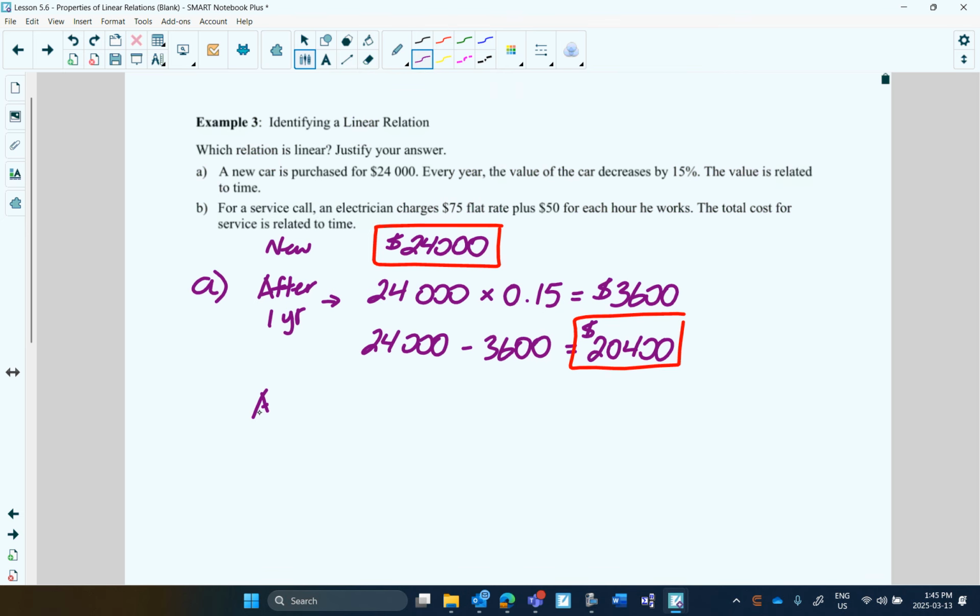So after 2 years, remember, the value of the car now is this. How do I find 15% of 20,400? Times 20,400 by 0.15.